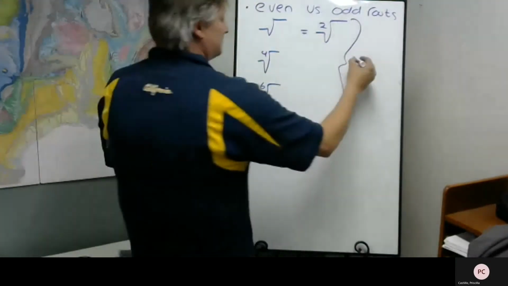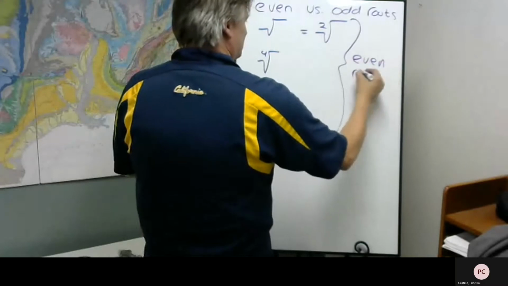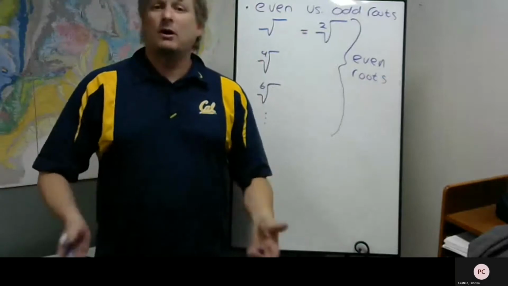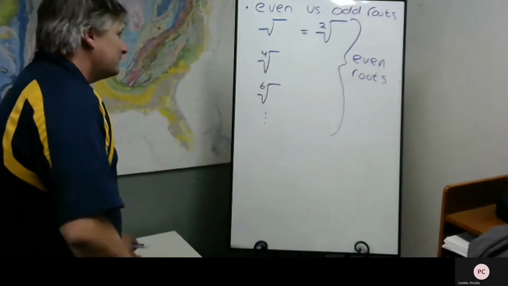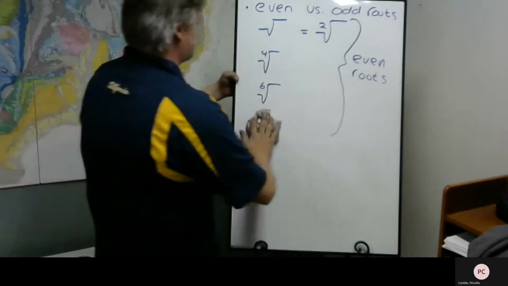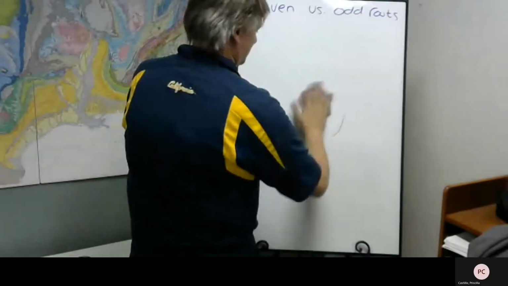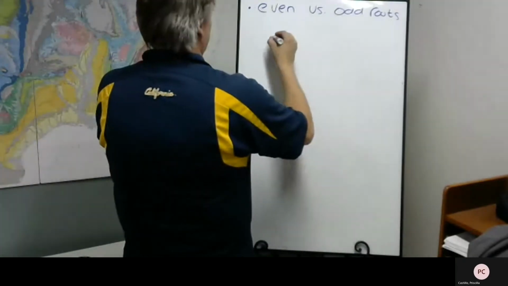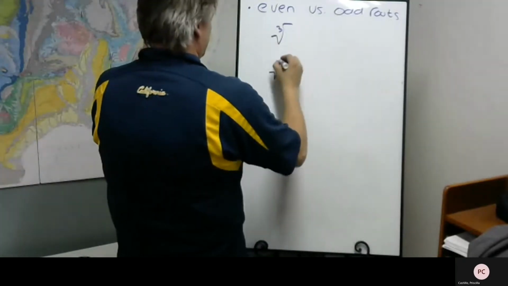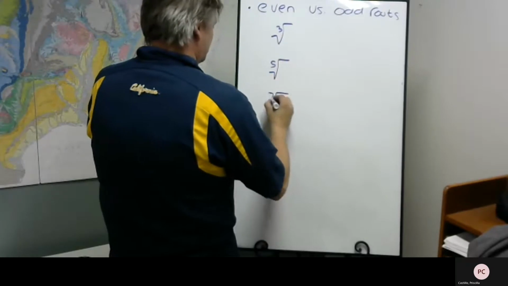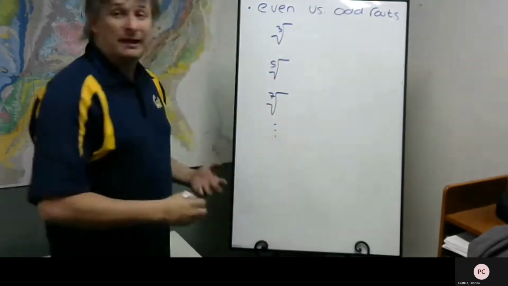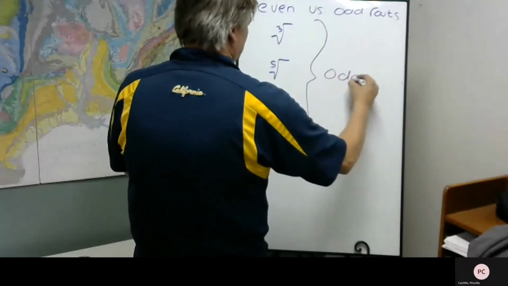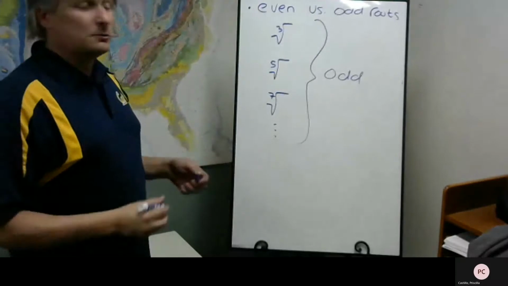These are your even roots. So 2, 4, 6, 8, 10, 12, and so on. Now for your odd roots, root 3, root 5, root 7, and so on. So those would be your odd roots.